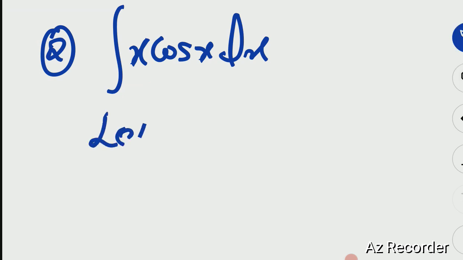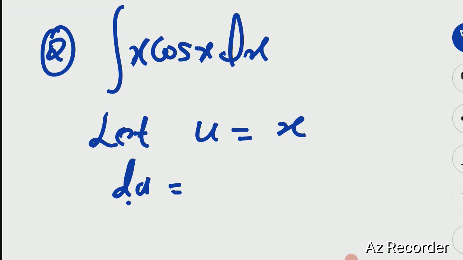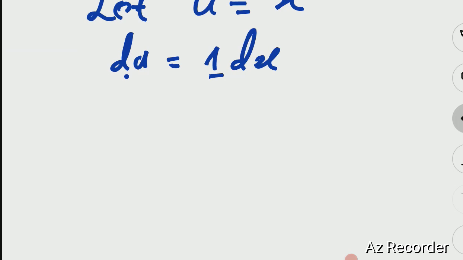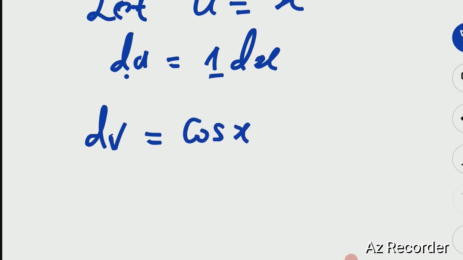So we say let u equal x. So du is equal to, differentiate this, 1 dx. Also for dv, we have dv equals cos x.